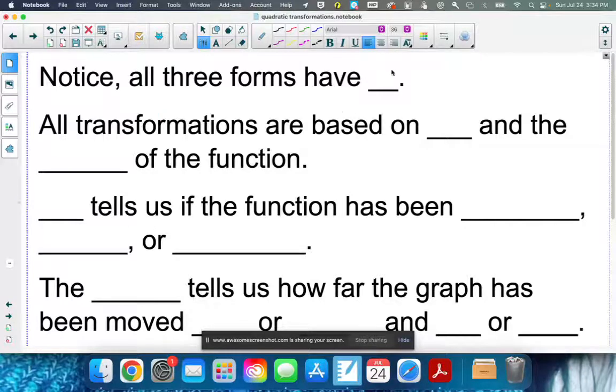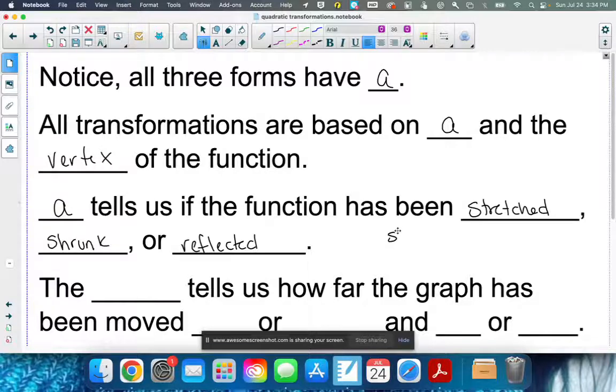Now, notice that all three forms have the letter a. All the transformations are based on what number a is and what the vertex of the function is. a tells us if the function has been stretched, shrunk, or reflected.